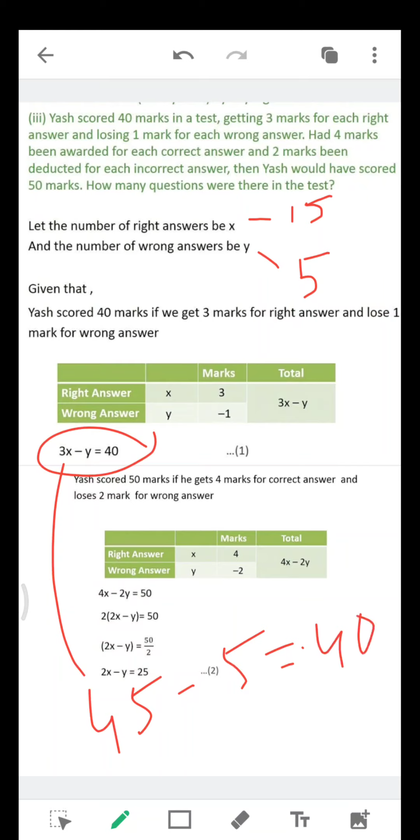Yes. And if you substitute in the second equation, 2x minus y, 2 into 15 is 30 and minus 5 is equal to 25. So we have verified with both the equations, so our answer is correct. You can verify your answers in this way.